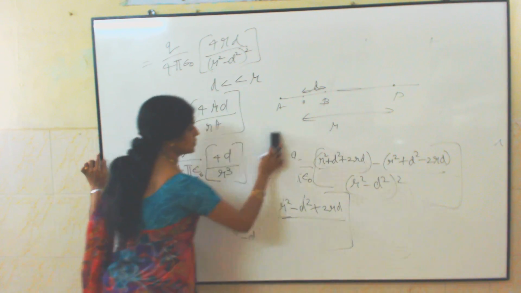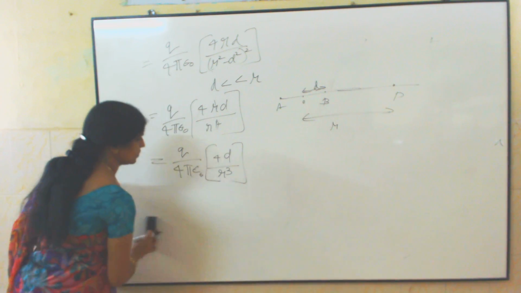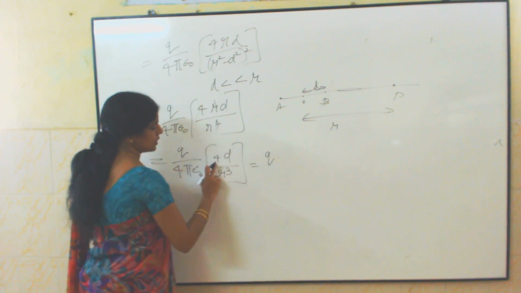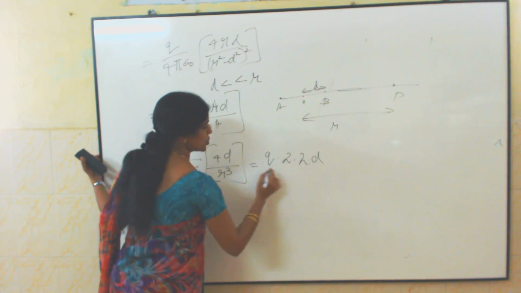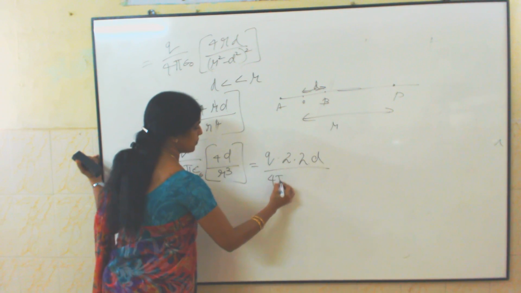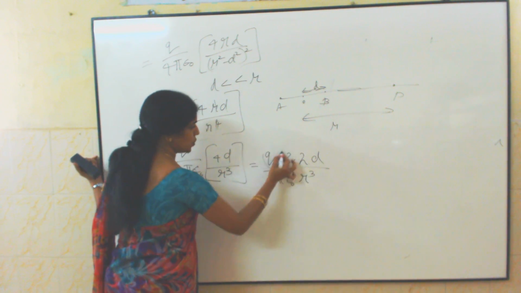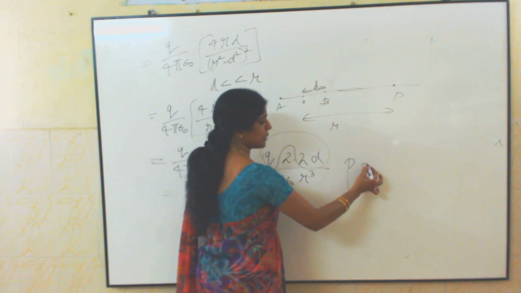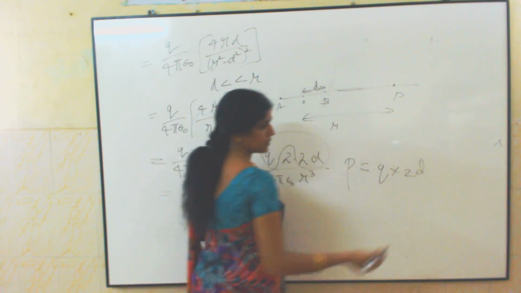Again I can also write this as Q, 4, I can write it as 2 into 2D, 2 into 2D by 4 pi epsilon naught R cube. This Q into 2D is nothing but your electric dipole moment, Q into 2D.